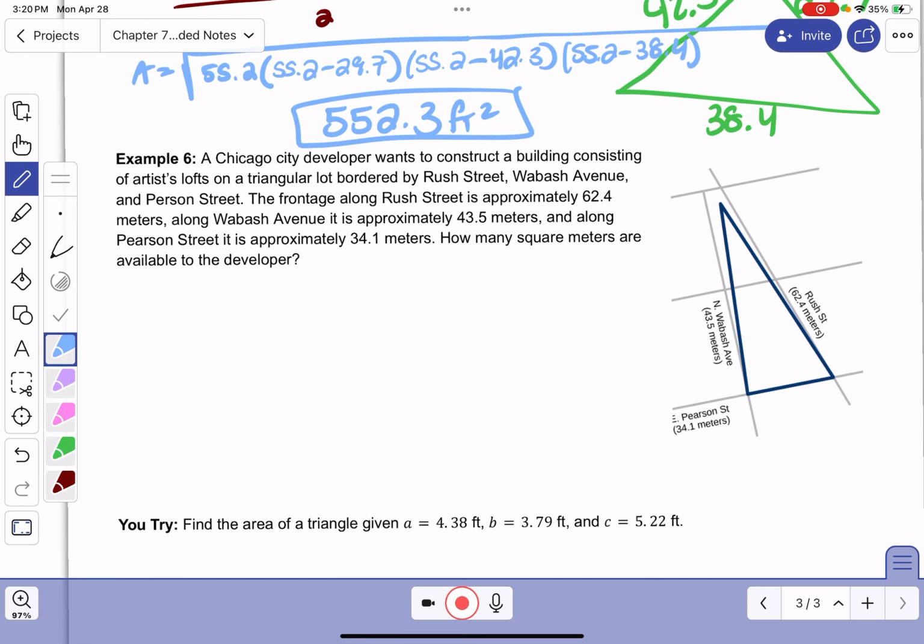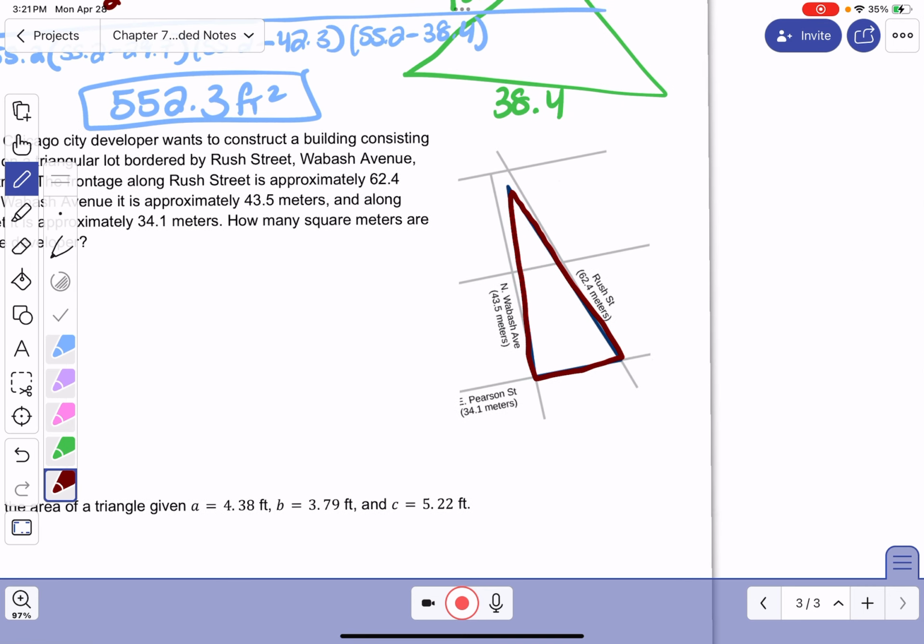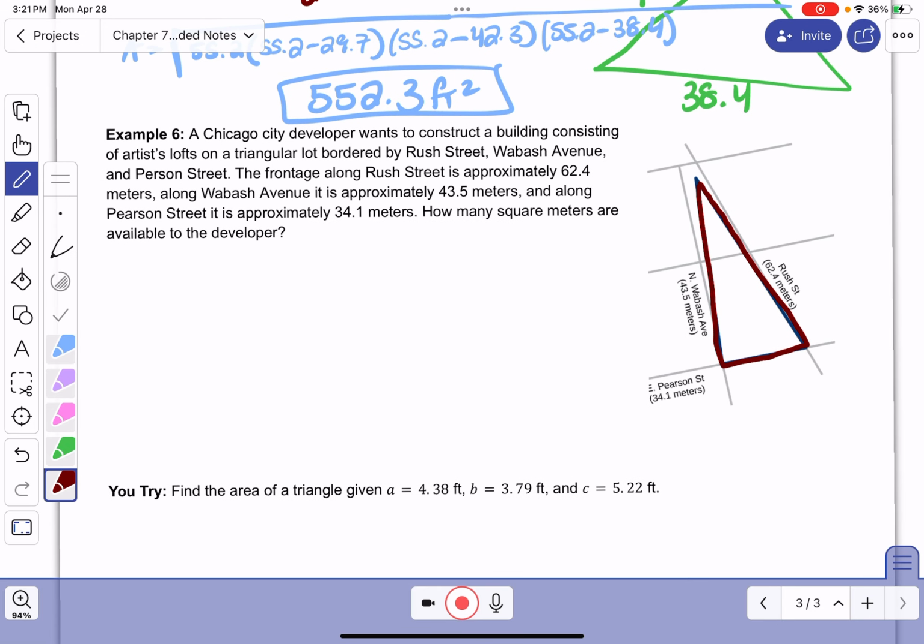So let's look at a real life example here. A Chicago city developer wants to construct a building that has artist lofts on a triangular lot. So it has this triangular lot. They want to know how big. So the frontage is how much they can build on the side of that street and that street and that street. How many square meters can they develop? So like, what's the floor plan there? So we're just going to do the same thing. That's all that's saying.